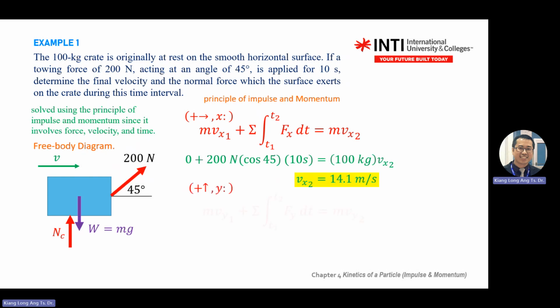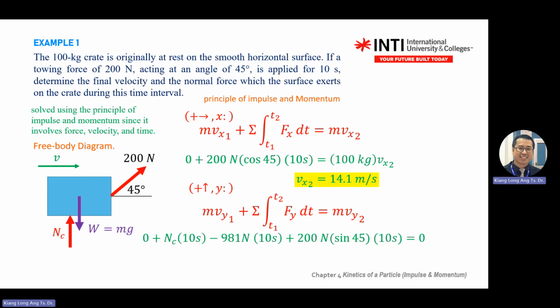For y, you copy the same, but write it in the y direction. Substitute again. Vy1 is also 0 because starting from rest. Fy is 200 sine 45, 10 seconds. Vy2 you don't know. You can only have one unknown. Press the calculator and you find your V. For y, you have the normal force, the W force, and the 200 force.